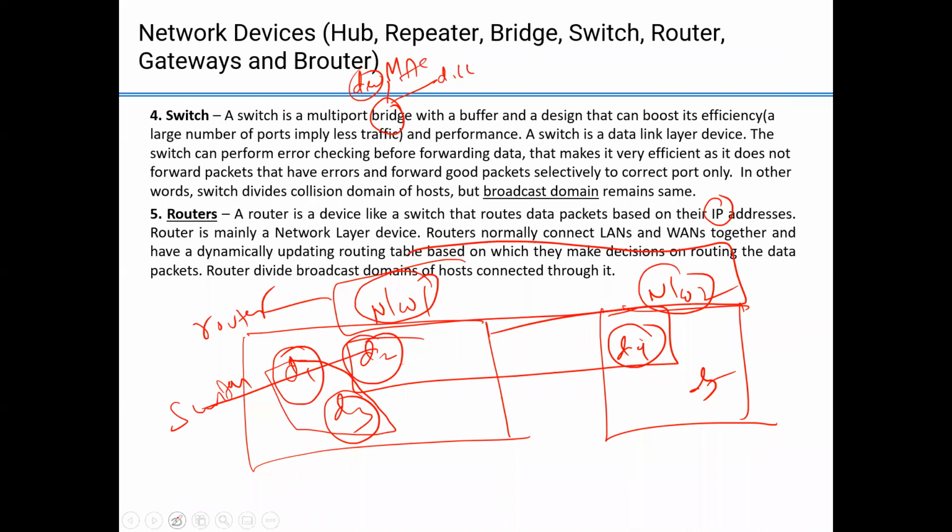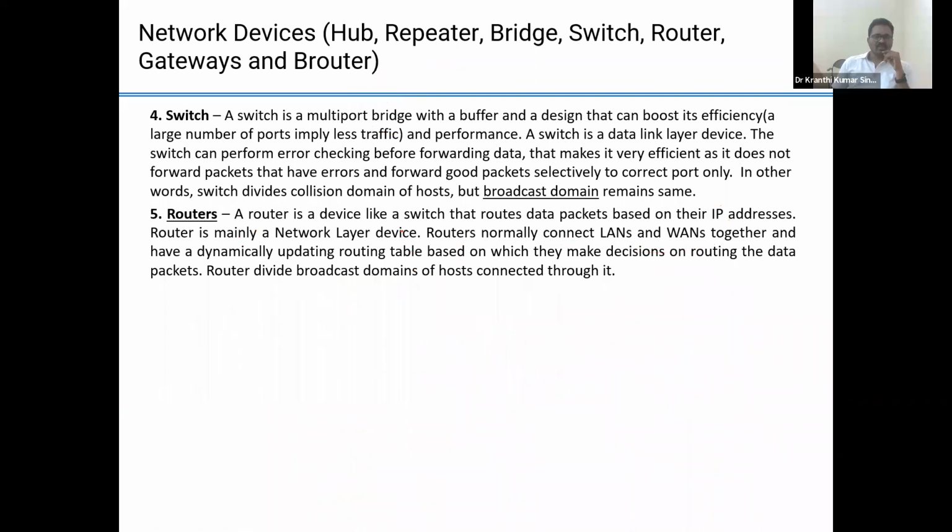Yes. Right. So a router is a device like a switch that routes data packets based on the IP addresses. Router is mainly a network layer device. Switch is a data link layer device. Routers normally connect LANs and WANs together and have a dynamically updating routing table. What is dynamically updating?